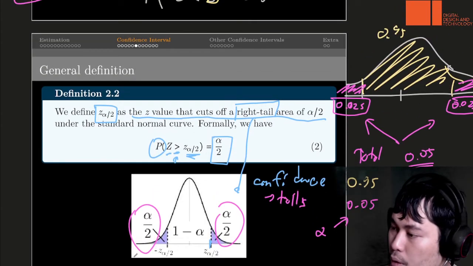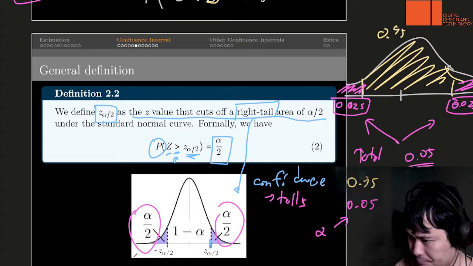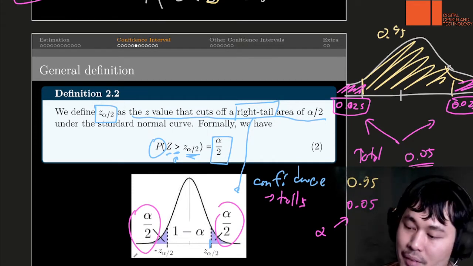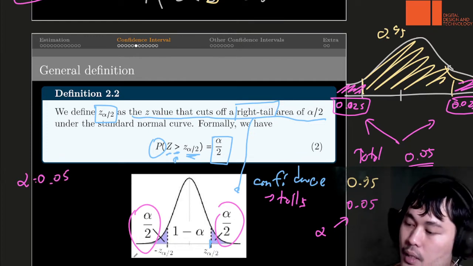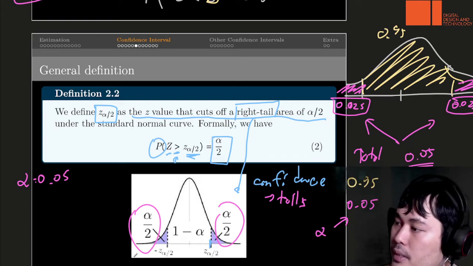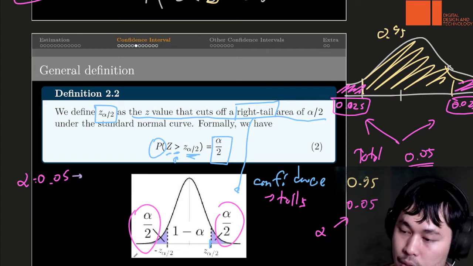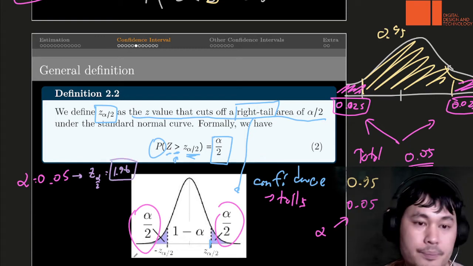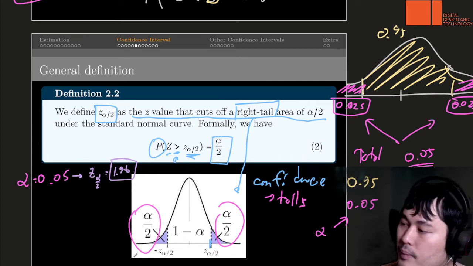So in this case, we know that if alpha is 0.05, or if we want a 95% confidence interval, then that will give you this value of 1.96. So that's how you get that 1.96.